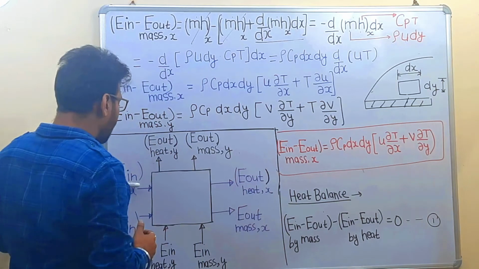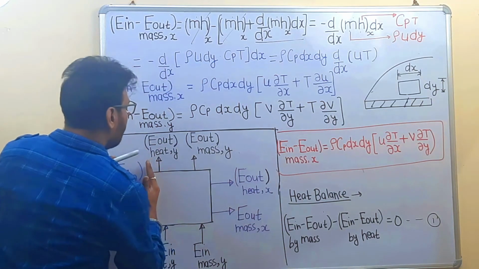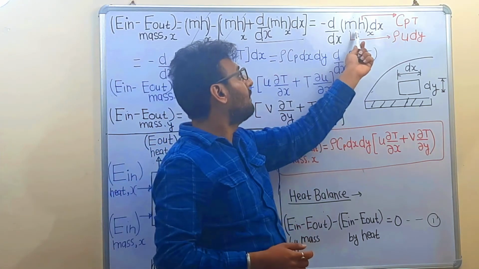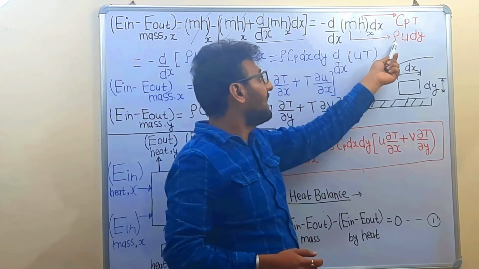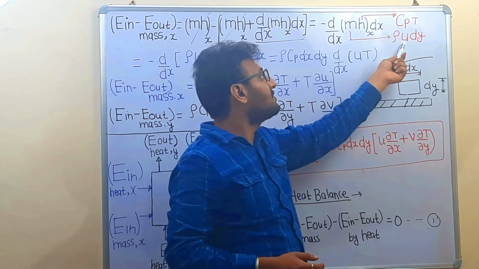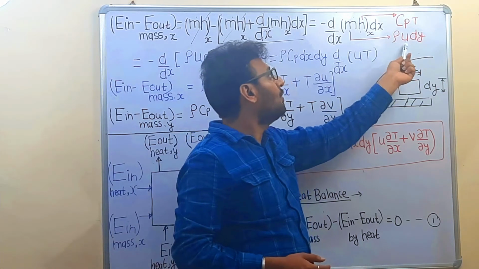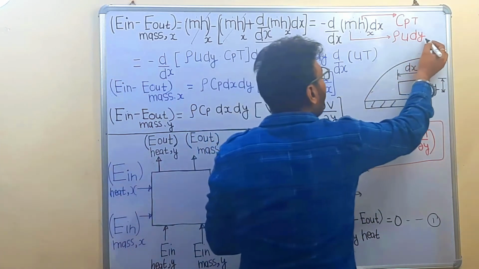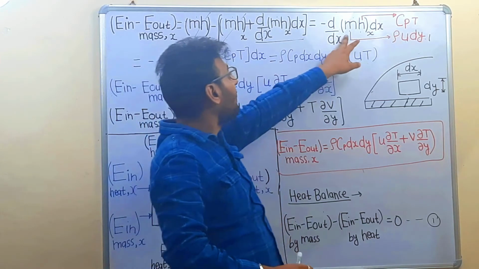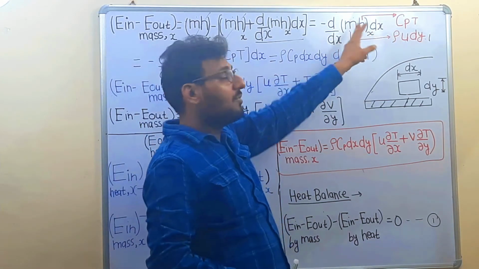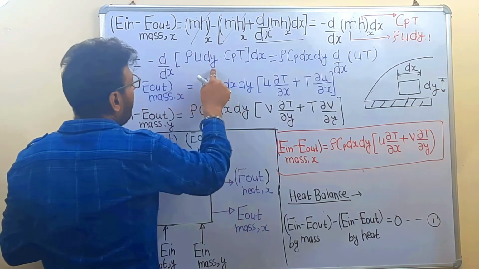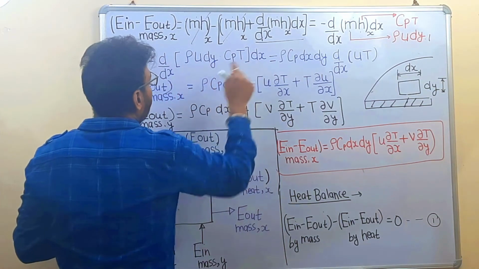So for x direction, area will be dy into 1. So mass flow rate is given by density into discharge, and discharge is velocity into area, rho u dy into 1. After substituting the value of mass flow rate and enthalpy, we get the equation like this: minus d upon dx of rho u dy c p T dx.